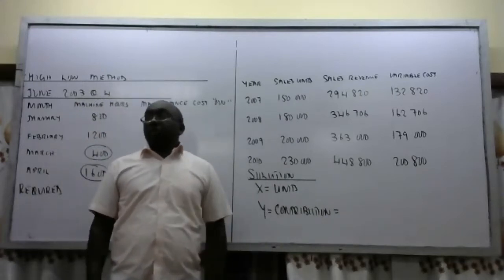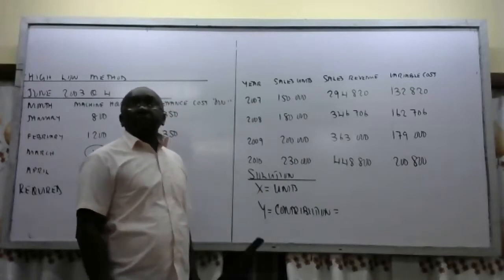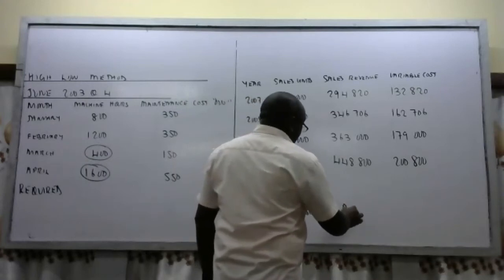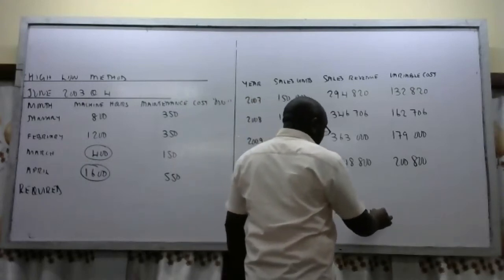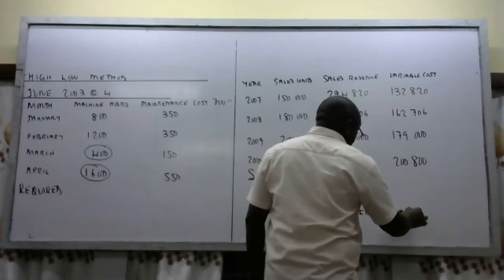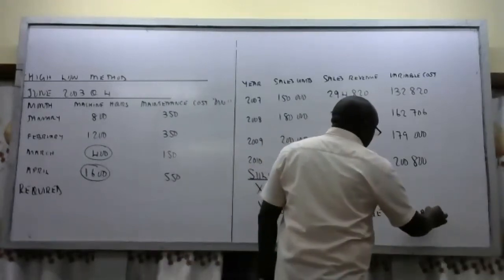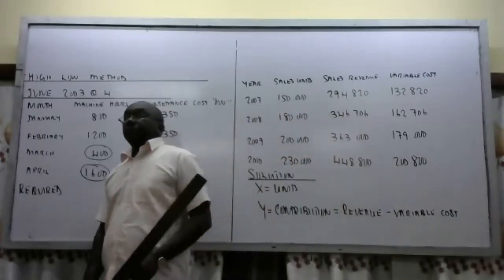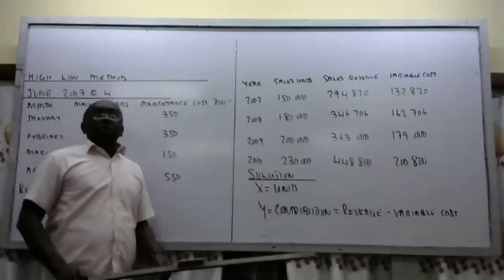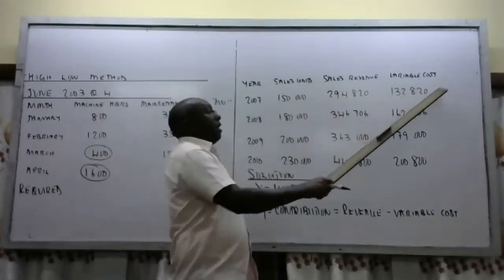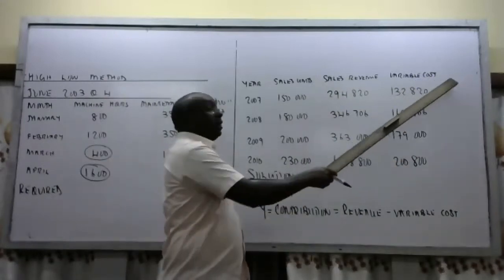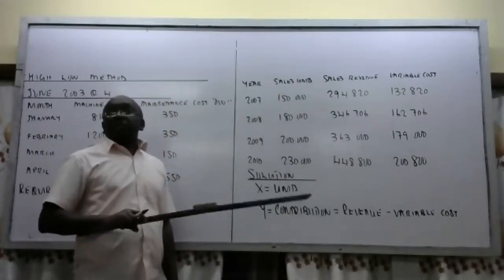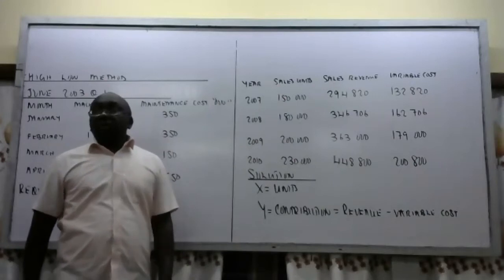It will be revenue minus variable cost. So that means you will require another column or working down there where you get the contribution. Once you know the highest units and the lowest, you take their contribution and form the equation.